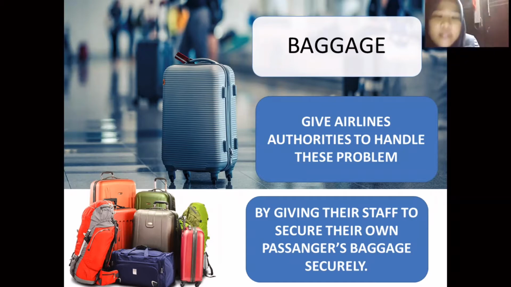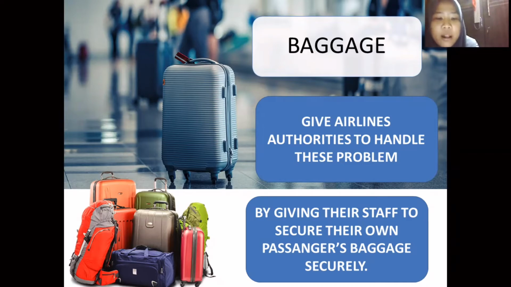Thank you, Sahrul, for the opportunity. Right here, I will explain about the complaints about baggage. First, give airlines the authority to handle this problem by having their staff secure their passengers' baggage.